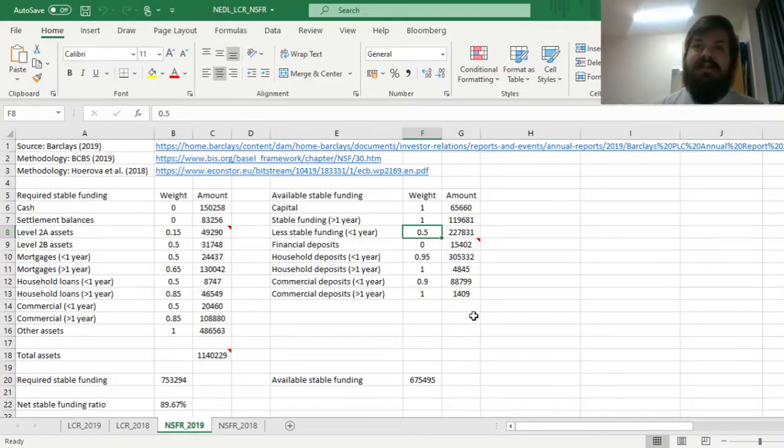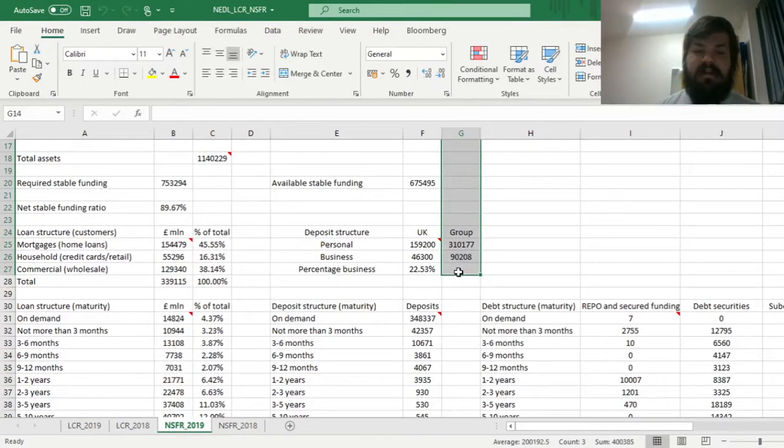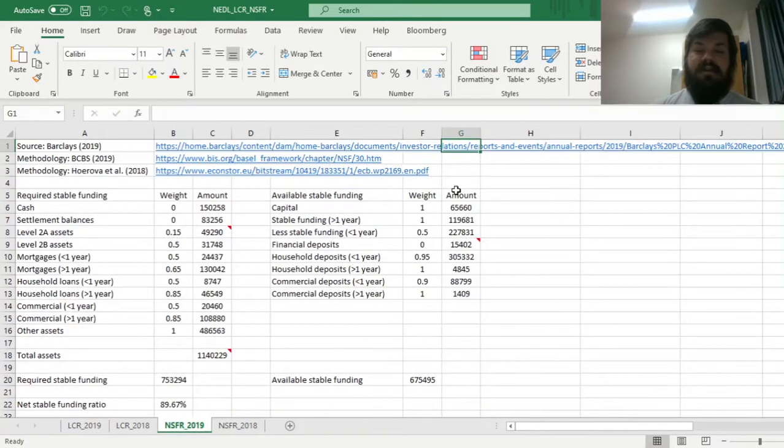So how to proxy it using banks' publicly available disclosure? Well, first of all, in terms of deposits, we can figure out what the financial deposits are by breaking down loans, advances, and deposits at amortized cost by customer group.